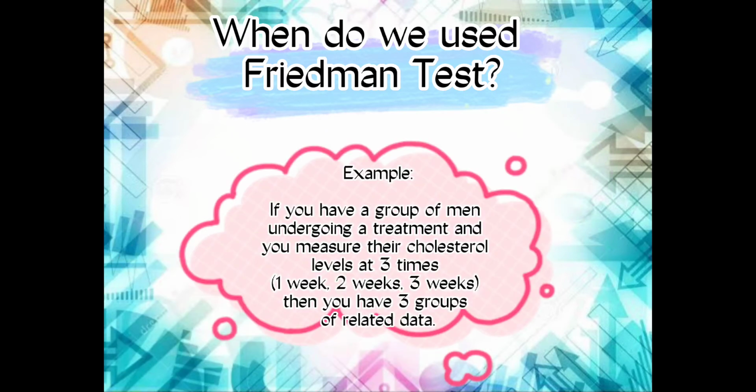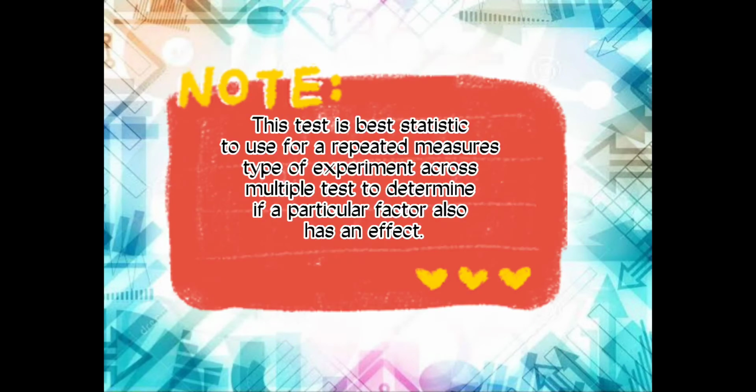Example, if you have a group of men undergoing a treatment and you measure their cholesterol levels at 3 times, 1 week, 2 weeks, and 3 weeks, then you have 3 groups of related data. This test is best statistic to use for a repeated measures type of experiment across multiple tests to determine if a particular factor also has an effect.